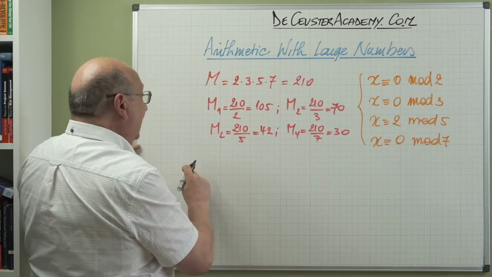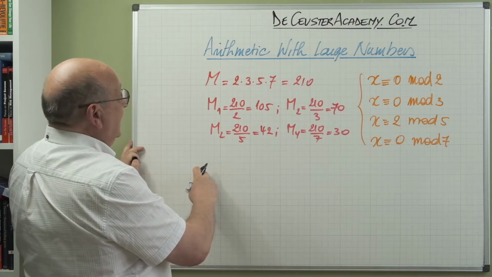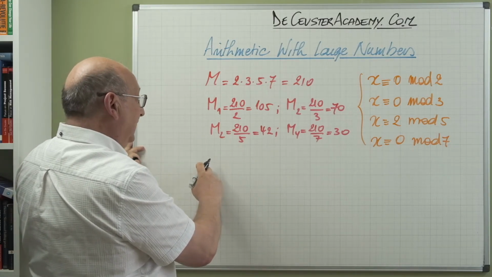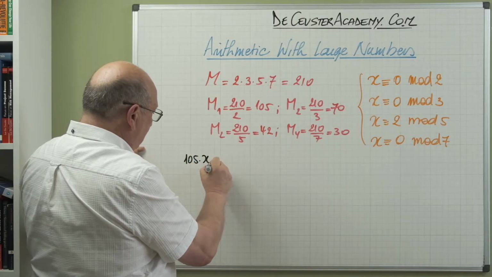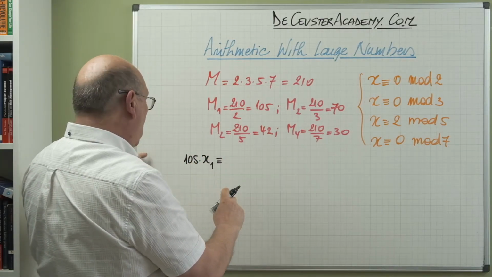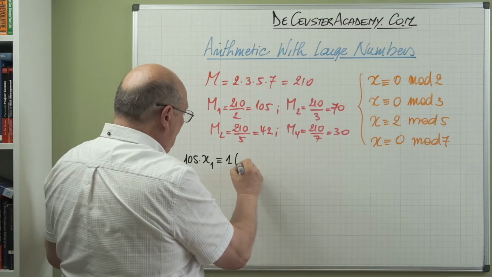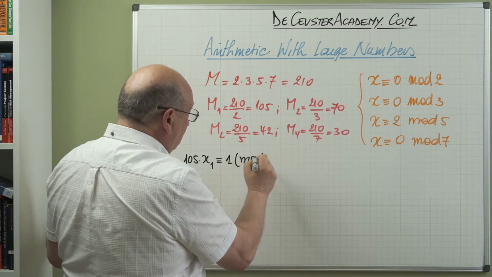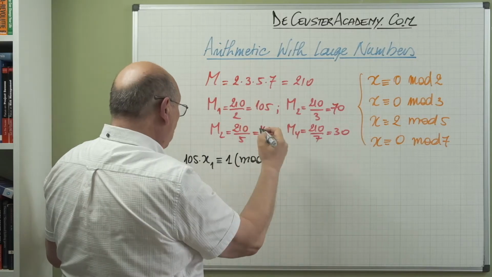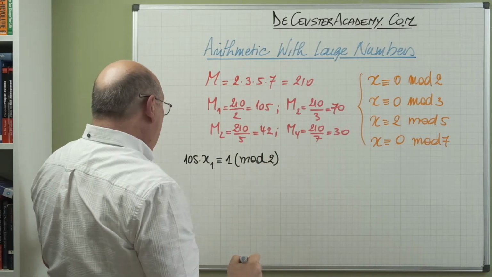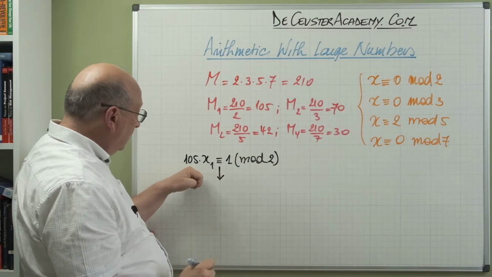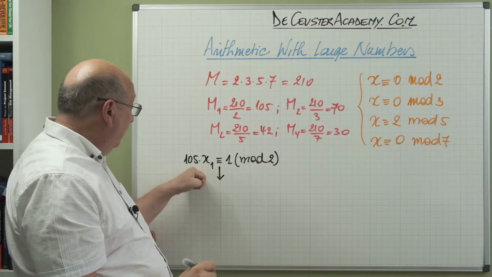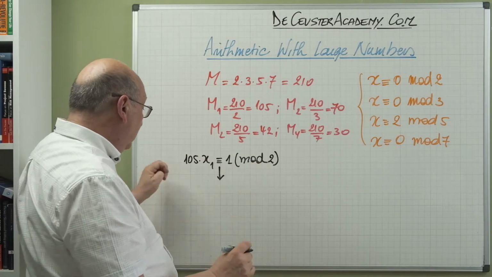So we can say that m1 times x1, so 105 times x1, is congruent with 1 modulus 2. And we can find from here using modular arithmetic on 105. 105 modulus 2 is 1.